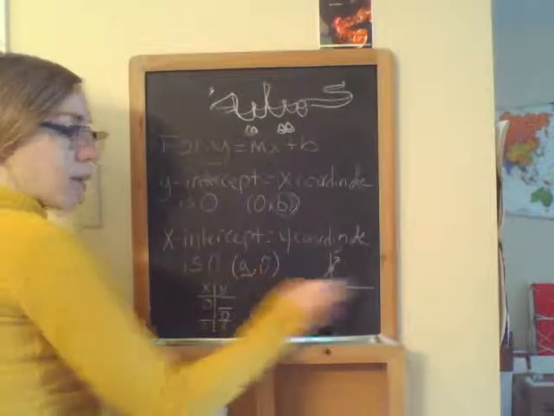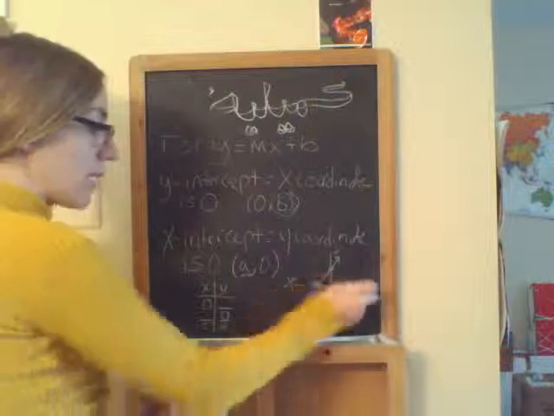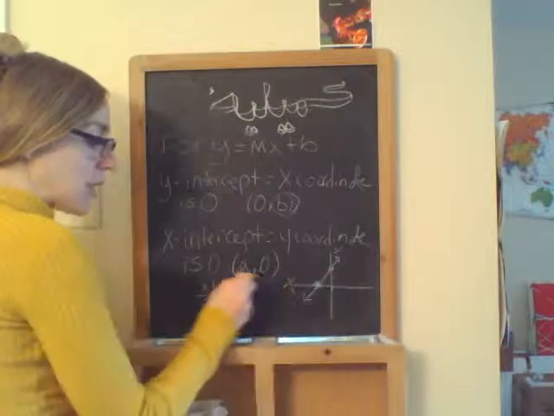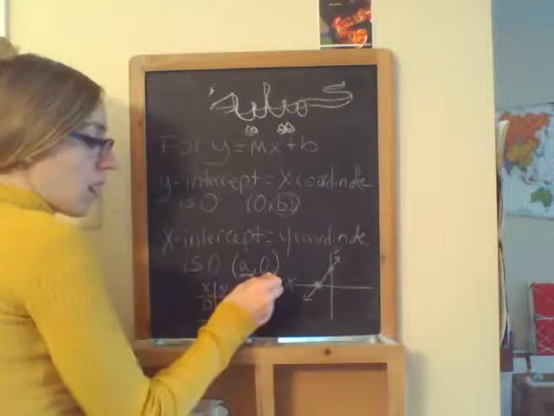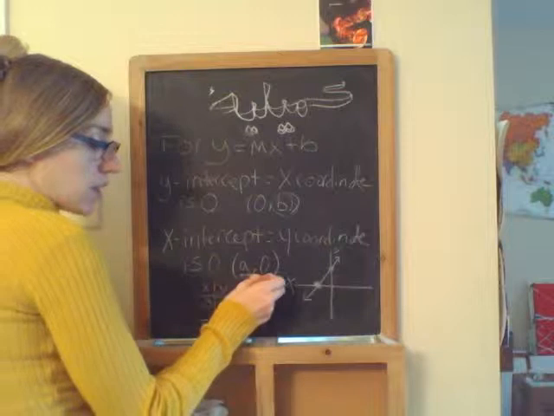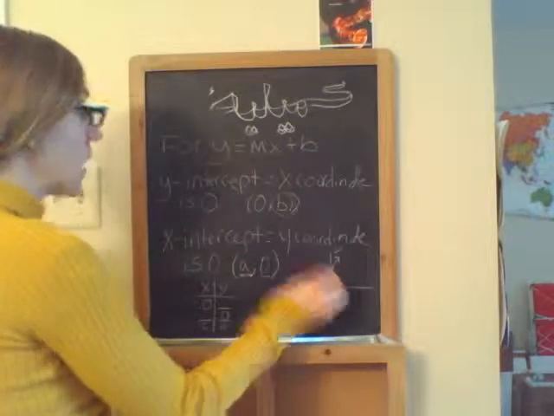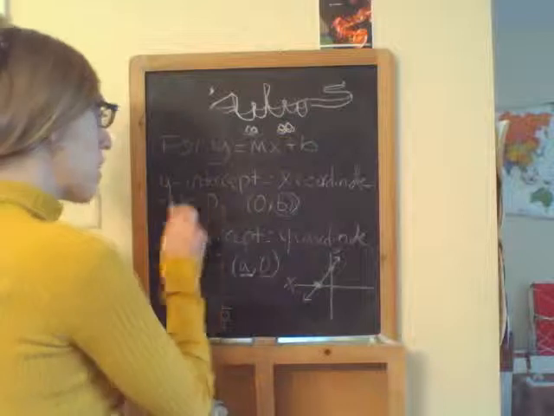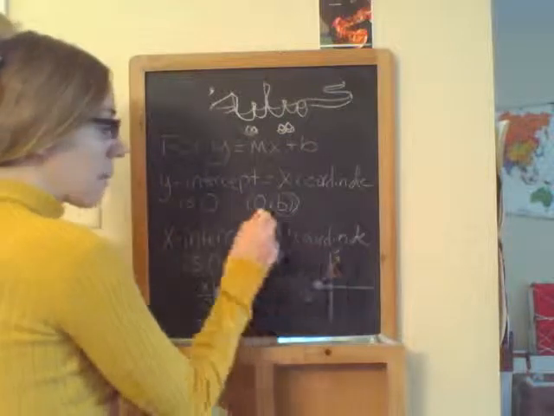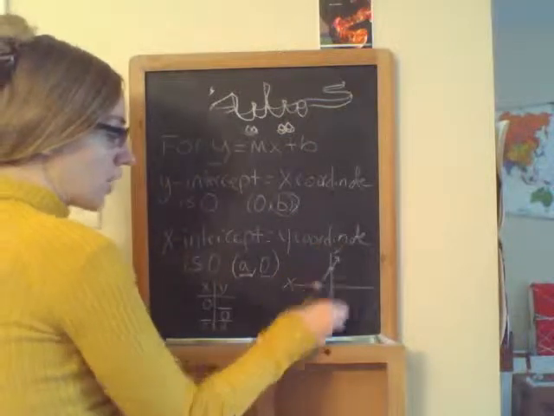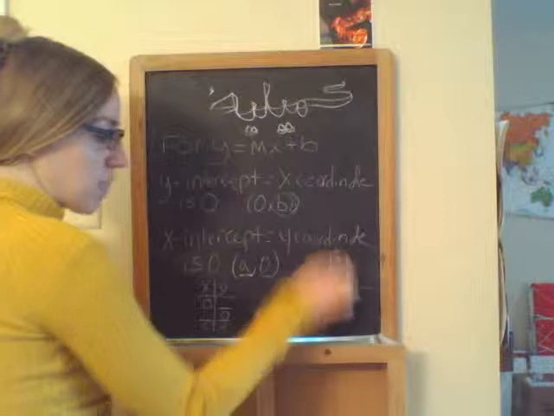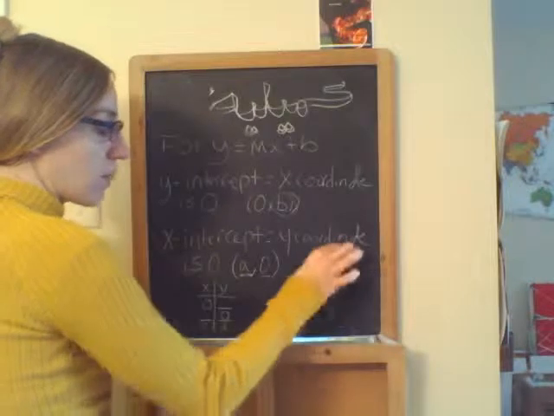Remember how I told you it's run over rise? Our run, our horizontal movement here, is going to have a variable, a number, and our y coordinate here will be 0. That is how you find your x-intercept. Your y-intercept is going to be, remember, 0, and you're going to have a rise of a digit up or down vertically here.